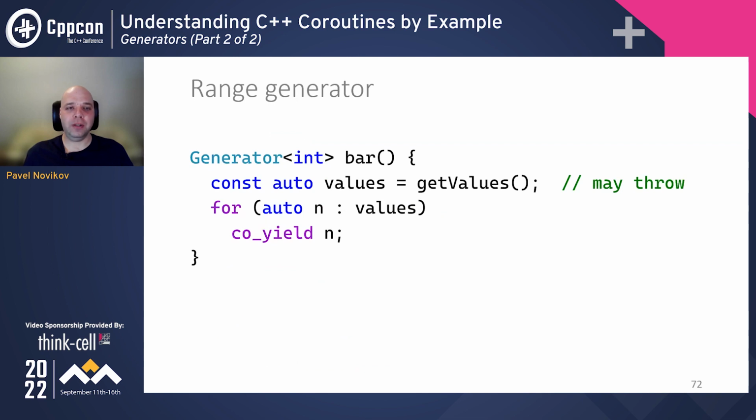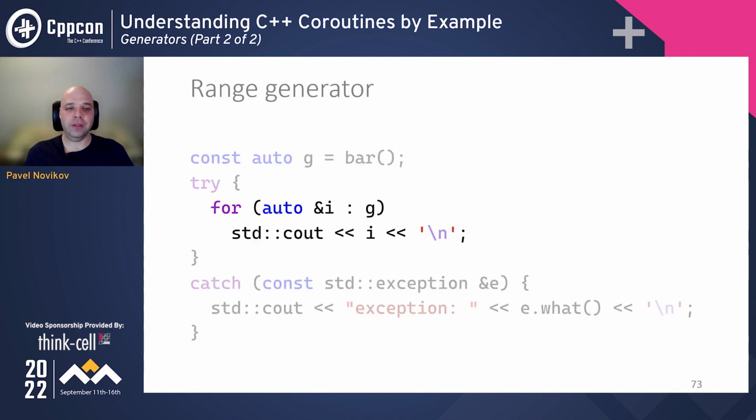And here's an example of how we can use this interface. So this is our coroutine that may throw, for example, and this is an example of how we can use it. In this case, we just use range for to iterate over elements that the generator can return to us that are yielded inside the generator.